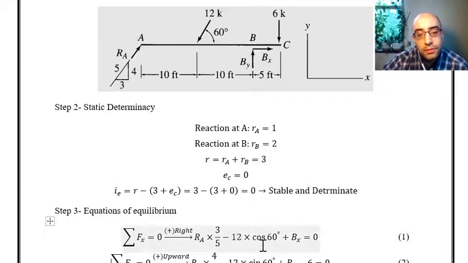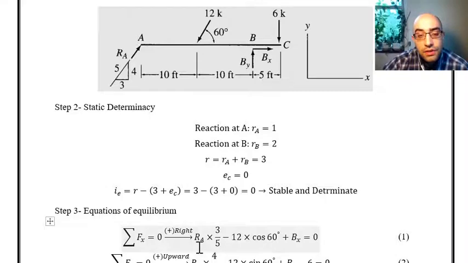So minus 12 multiplied by cosine of 60, and we also have the horizontal component of the reaction at point B, plus Bx. And this is positive because the direction of this reaction is toward the positive x. So we could write the equation for x components or horizontal components.